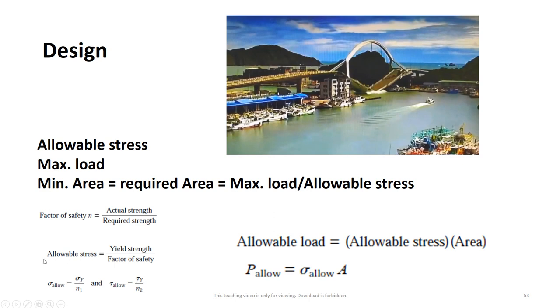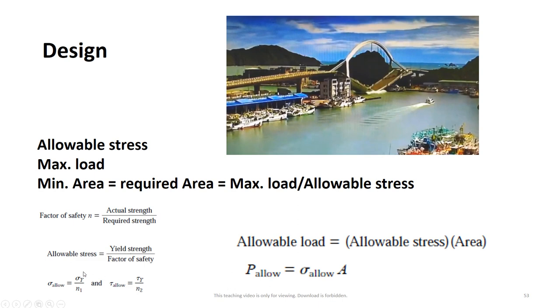That means the allowable stress is lower than the real stress because you have some regulation that the car not be so heavy. So allowable stress is the actual material yield strength divided by a factor. So you let the allowable stress become lower to guarantee safety. So the allowable stress is like this, divided by the safety factor.